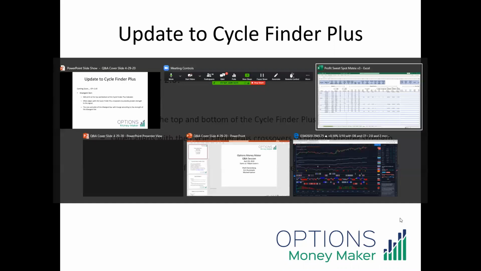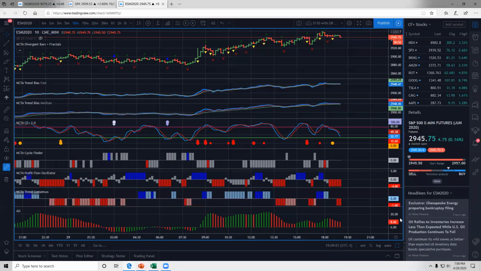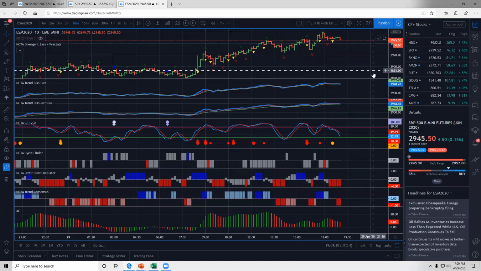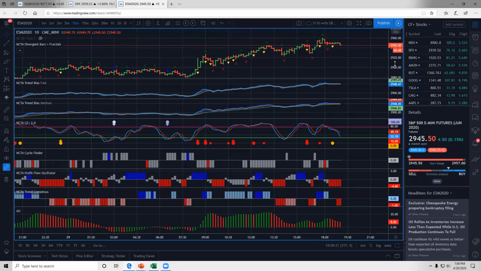So let me just jump to the chart here real quick. First of all, on the price bar itself, what you see here is a set of upside down V's and right side up V's. So there's red V's and green V's. These are fractals.